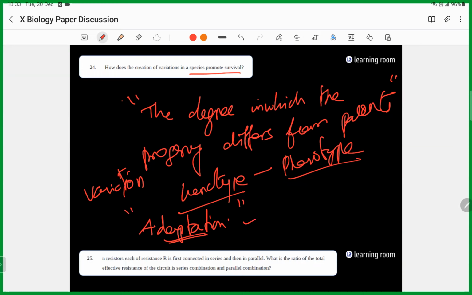The organism changes genotypically and phenotypically to tolerate biotic or abiotic stresses in the environment, and a positive change gives it more survival advantage.